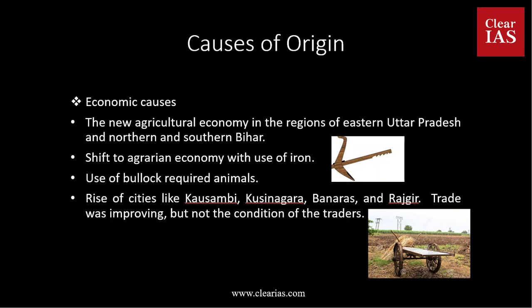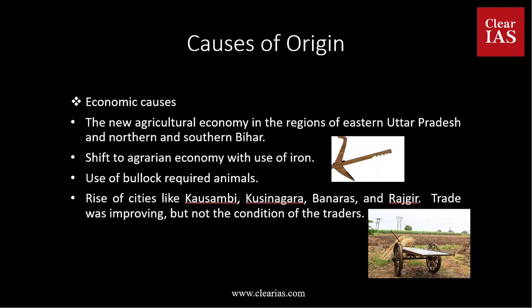For example, if we speak of the agrarian economy, then the use of iron became very important. And when the use of iron became very important, the farming, the agricultural economy, required animals, and use of bullock required animals, and this somehow reduced the status of the Vedic sacrifices, which also required animals.